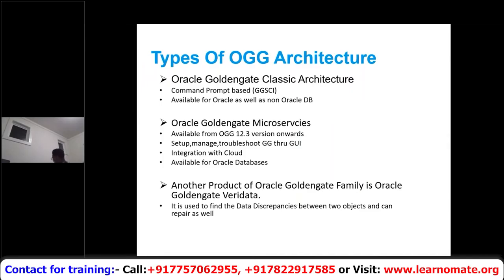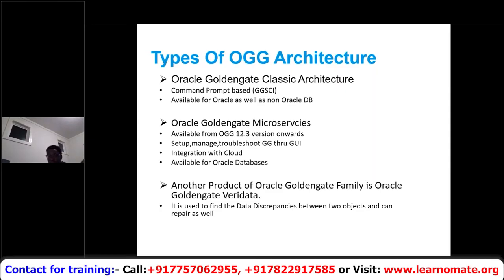Classic, as the name suggests, is the traditional way of configuring Oracle GoldenGate, available since the beginning. Some or all of you may have heard about GGSCI, the traditional way of configuring GoldenGate through a command prompt. Until 2017, that was GoldenGate.